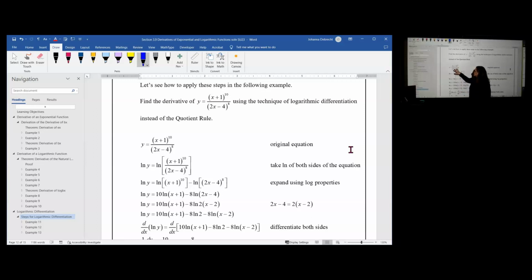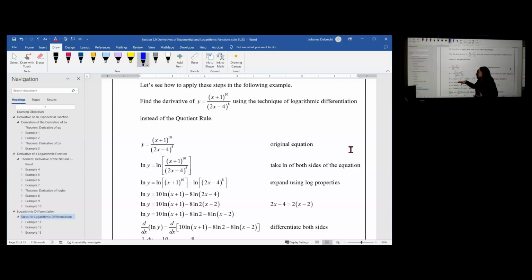The next thing we want to do is take the natural log of both sides. Always use natural log so your derivatives are easier. Then we're going to use the logarithmic properties of quotients and powers to simplify this and expand it as much as we can.